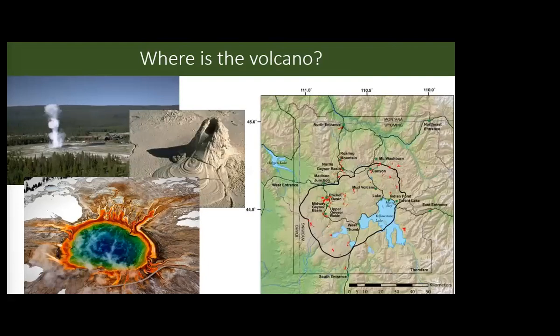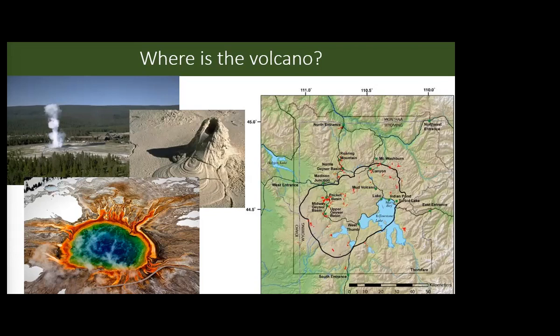So we have Yellowstone as a caldera that we're looking at. We can't see anything really on the surface telling us that it's a caldera. Most people didn't even realize it was a caldera until probably 50 years ago. We knew there was some igneous activity there because we have these alkaline lakes, these very acidic lakes.